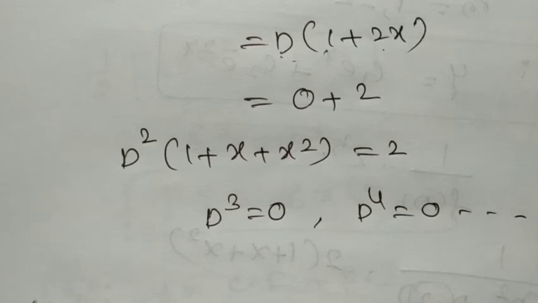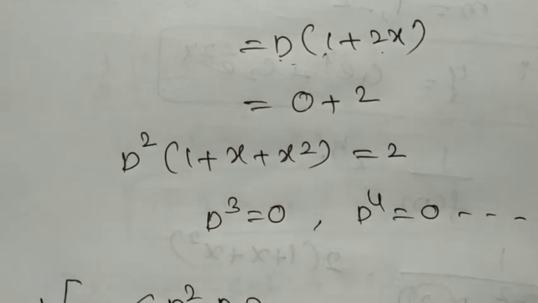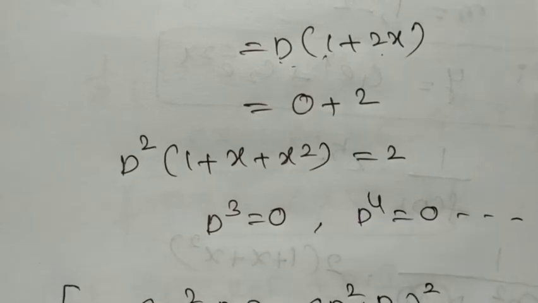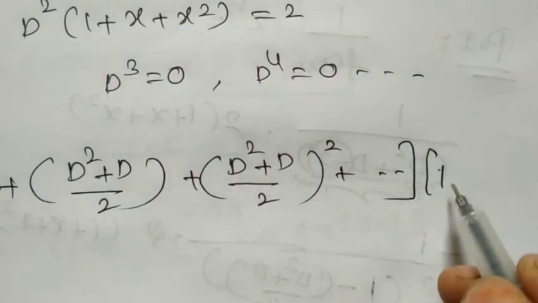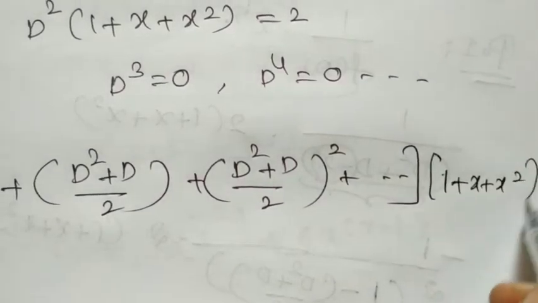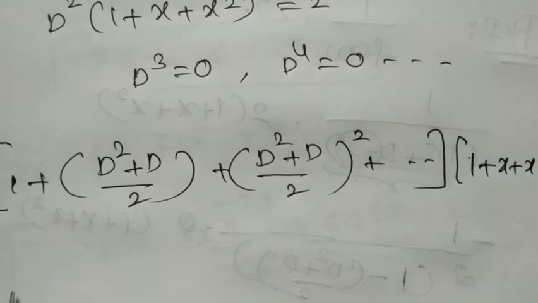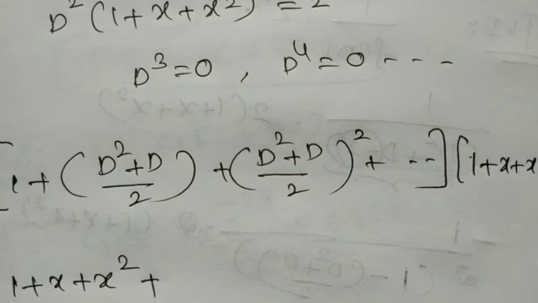So by expanding that equation, here we get minus 1 of 1 plus d square plus d by 2 plus d square plus d by 2 whole square plus and so on into 1 plus x square. So minus of 1 plus x square plus d square plus d by 2.